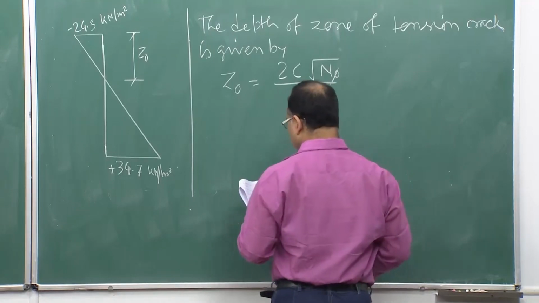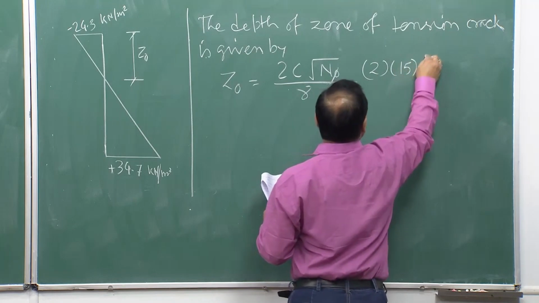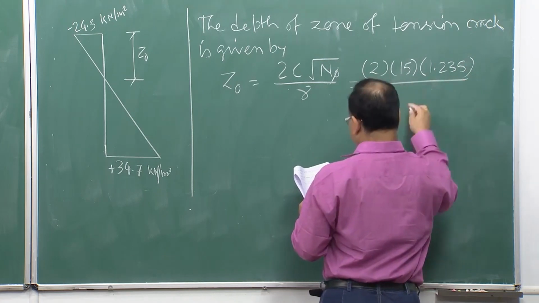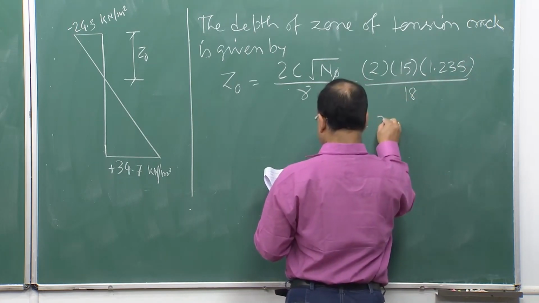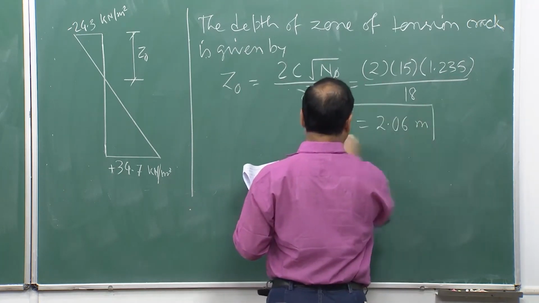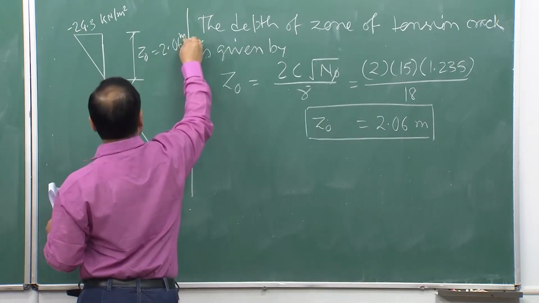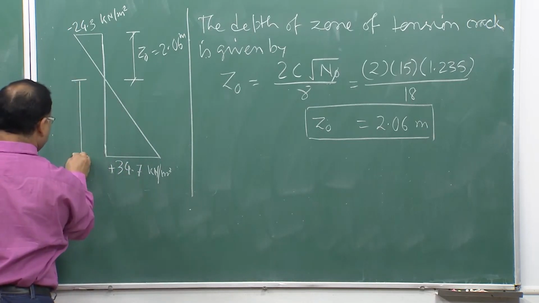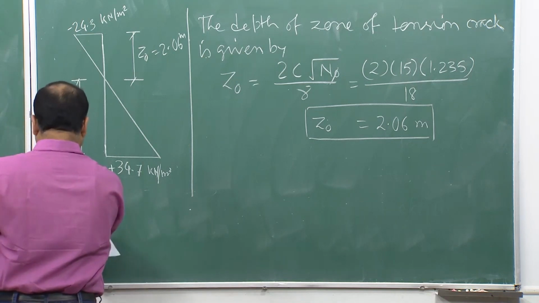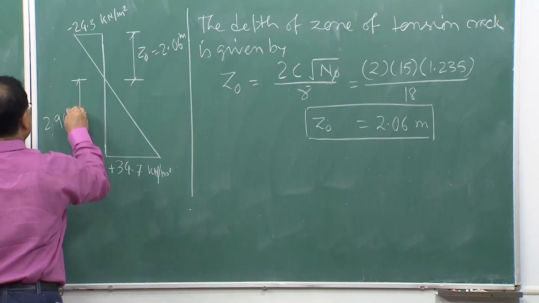If you put all the values, 2 into 15 into 1.235 by gamma 18, it comes as 2.06 meter. So, this is your 2.06 meter and the remaining part will be 2.94 meter.